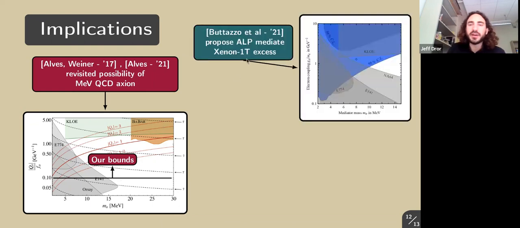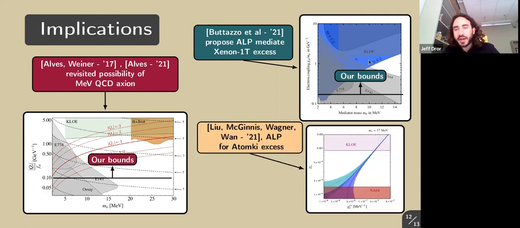People have also studied the possibility of axions mediating the XENON1T excess. Here you're seeing again the coupling on the vertical, the mass on the horizontal, and various different experiments being shown here. The best fit for the data was this blue region shown here. And our bounds again rule out all this parameter space. The final example that I want to mention is the atomki excess.